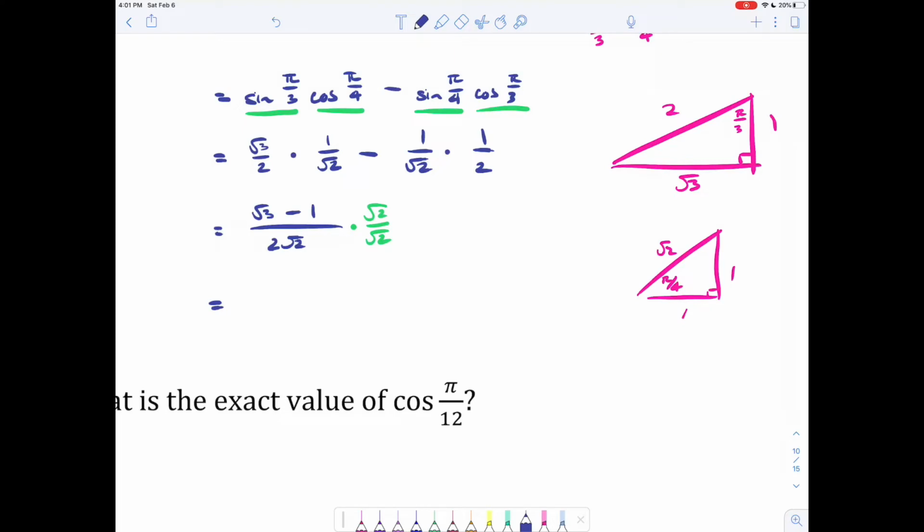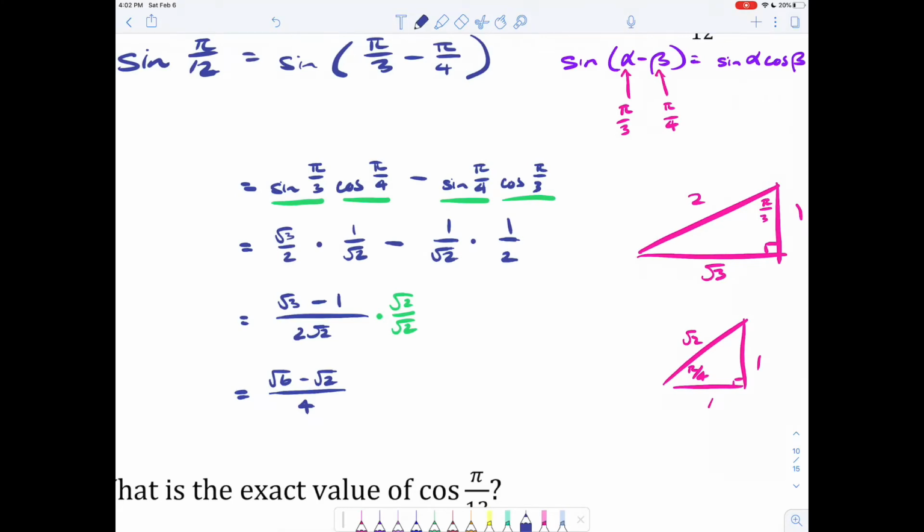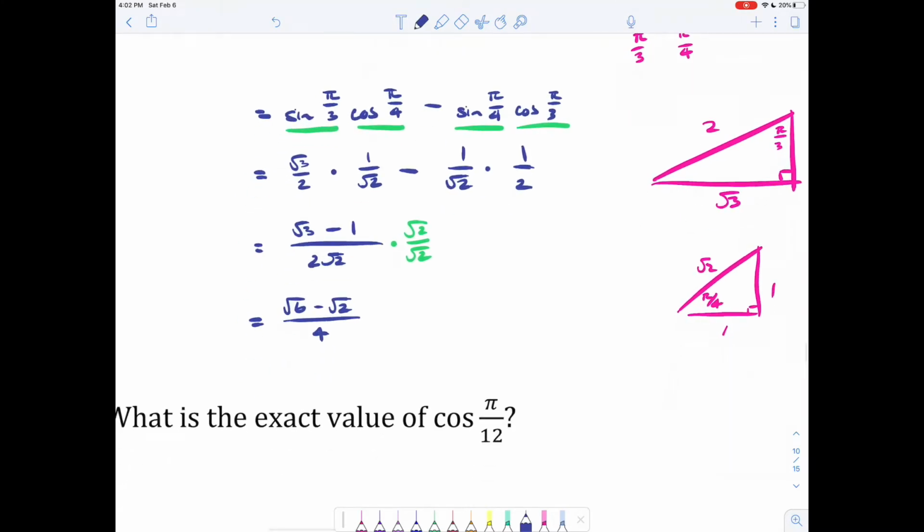And our final result then will be root 6 minus root 2 over 2 times root 2 is 2 times 2, which is 4. It's worth noting that no matter what kind of k pi over 12 we have for all these so-called k pi over 12 questions, our result will probably end up being some combo of root 6 and root 2 divided by 4.